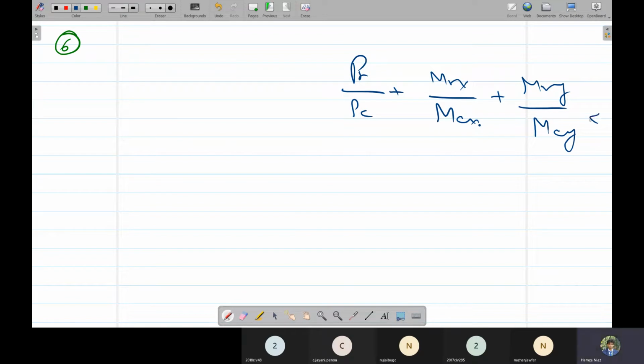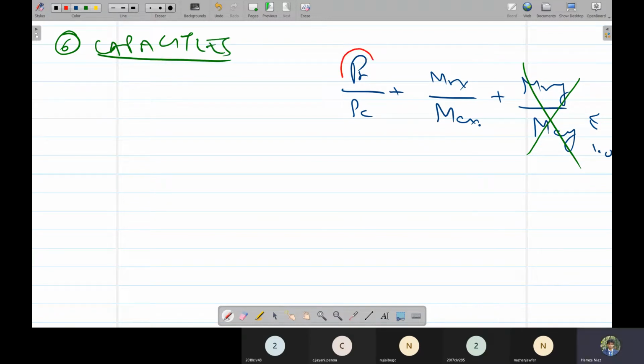This should be less than or equal to 1.0. We can ignore MY because there is no moment in that direction. So we have to find 4 values: PR, PC, MRX, MCX.